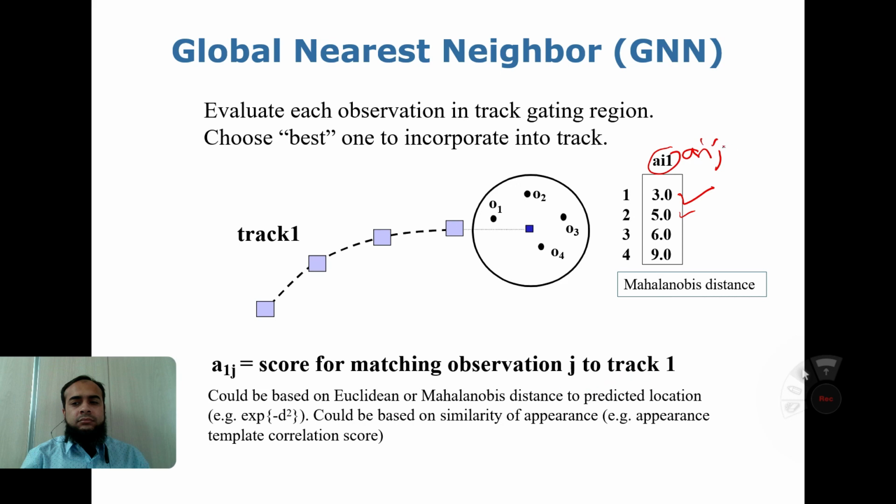So j is a label of the track. It is defined and could be based on Euclidean or Mahalanobis distance to the predicted location, and the exponent of d squared could be based on similarity of appearance and appearance template correlation score.